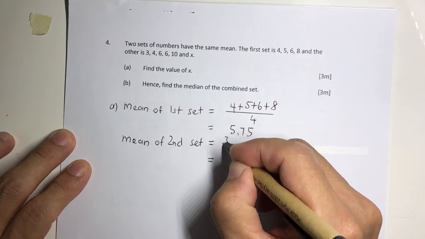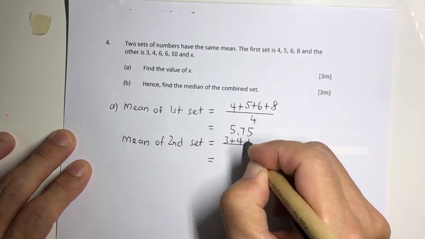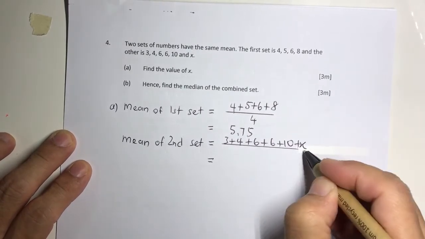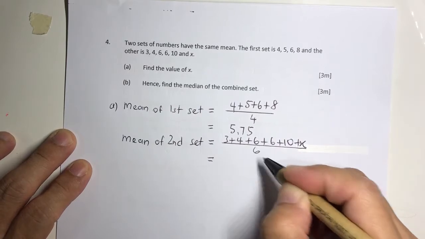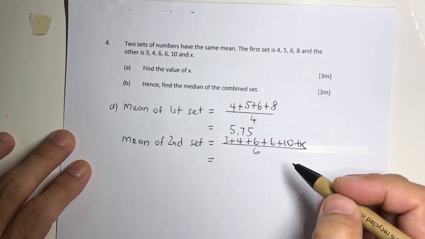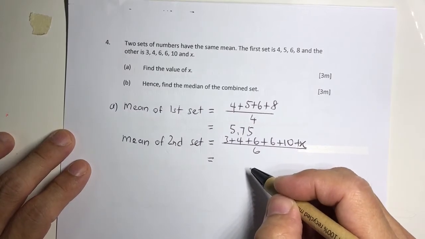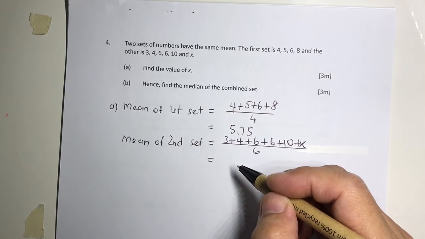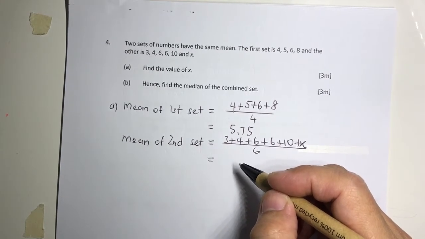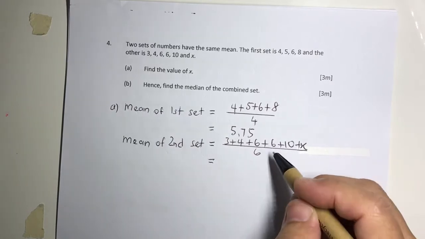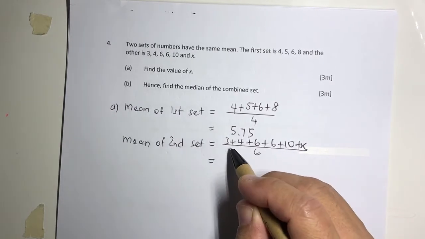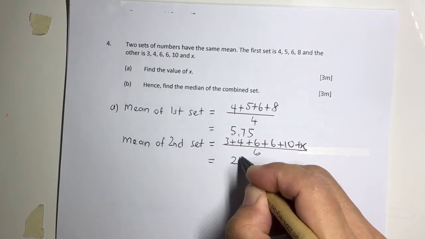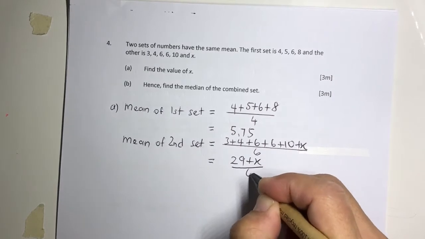So we add all the numbers, 3 plus 4 plus 6 plus 6 plus 10 plus x, dividing by 6, which gives us 29 plus x divided by 6.